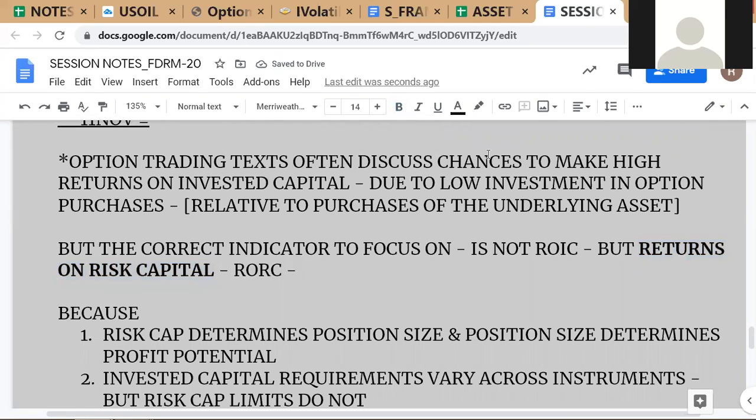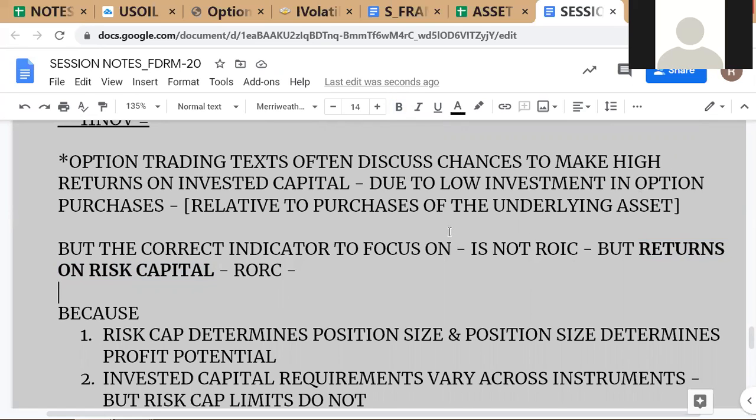This mistake happens in the textbooks because generally people don't make the distinction between invested capital and risk capital, which is a very important distinction to understand. But because that gets missed out in traditional finance theory, ROIC becomes the important focus.